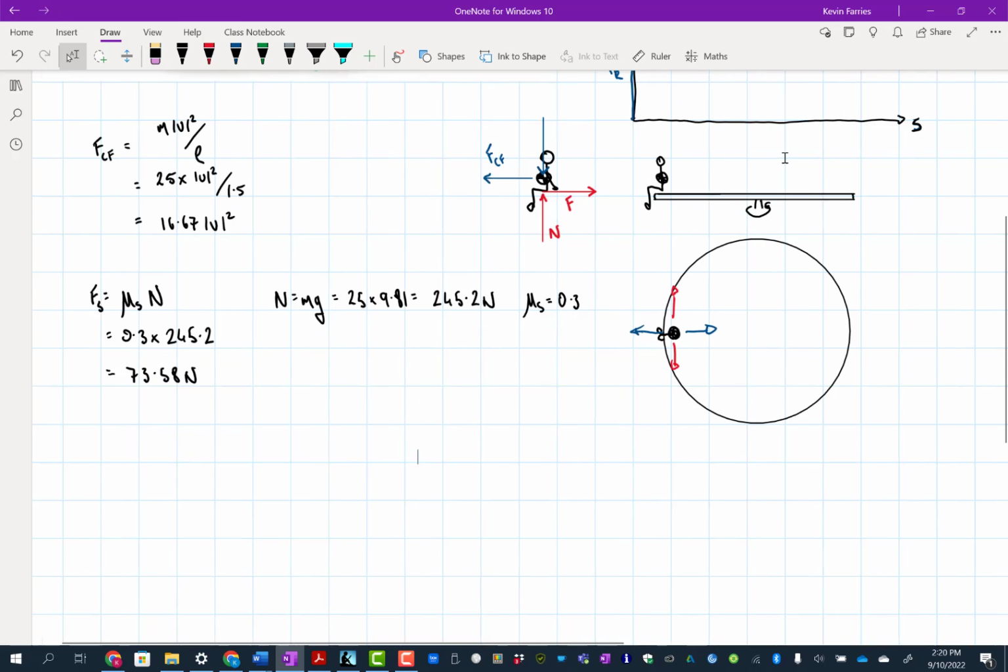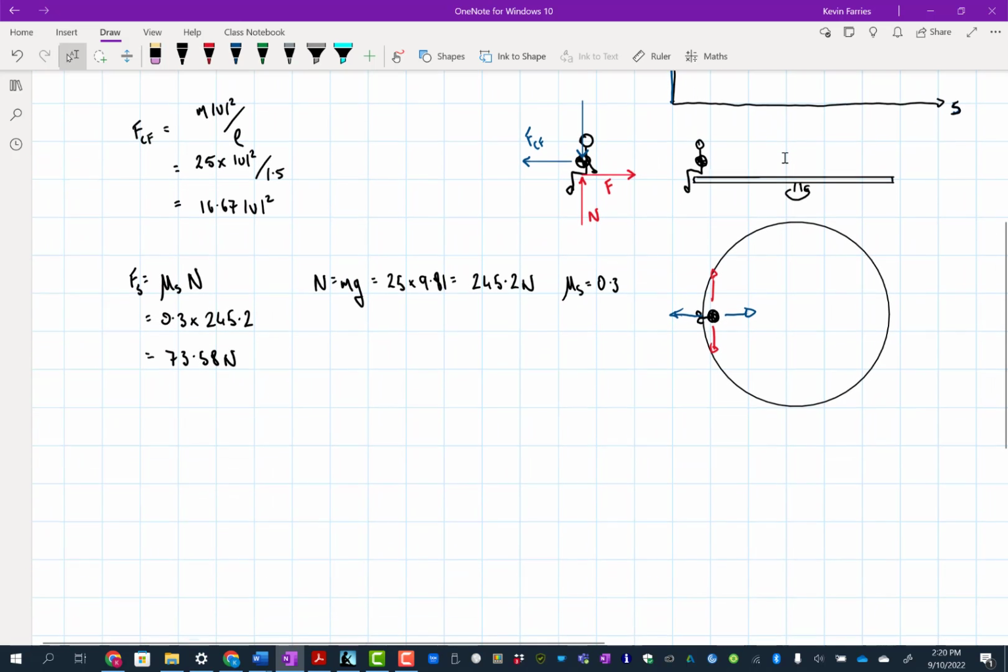So we want to find, for that point of impending motion, the point at which those two things are equal. Or more practically, the point where she starts to slip.